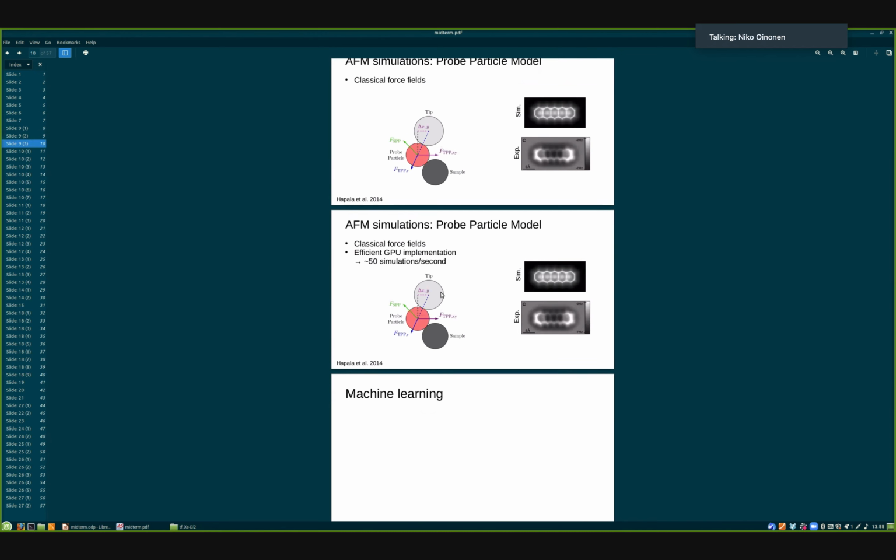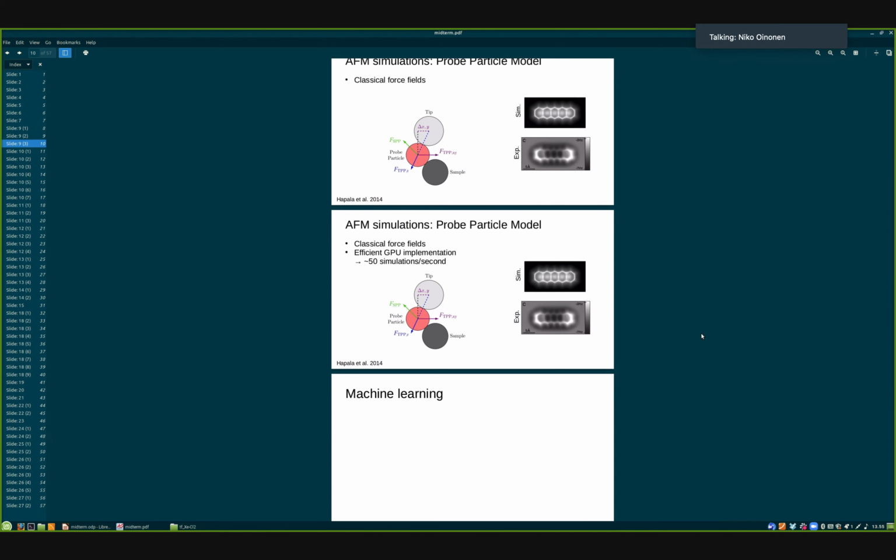The molecules which we use for the simulations, one of our colleagues in the group does this using density functional theory and coupled cluster based methods to optimize these geometries, and we have thousands of these molecules that we use to generate the simulated images.